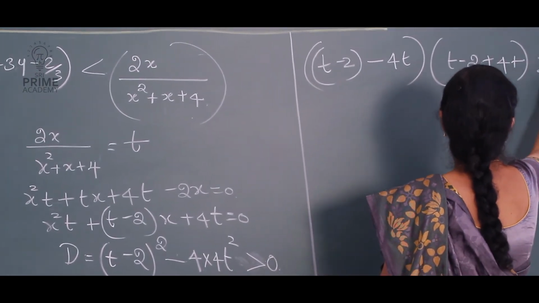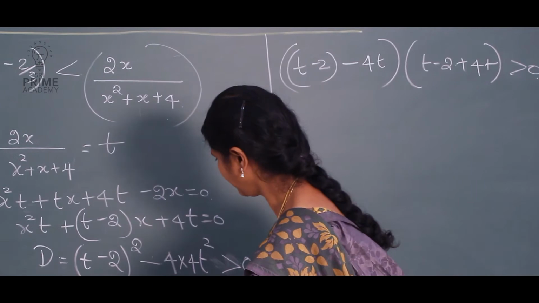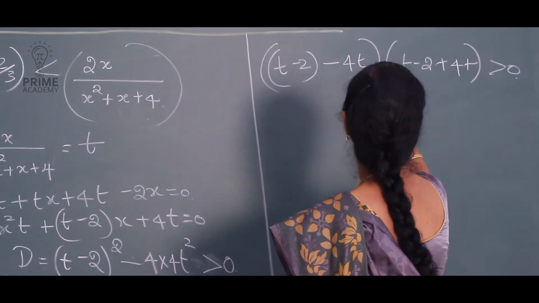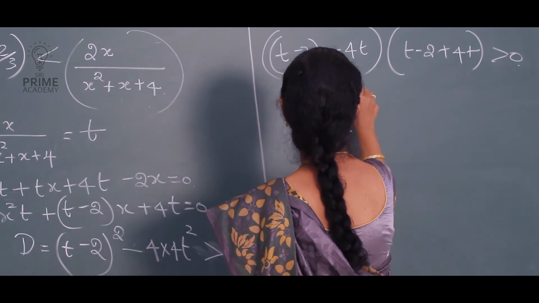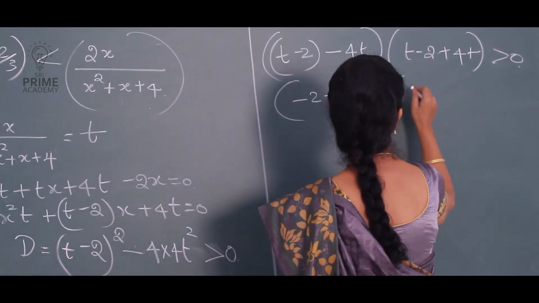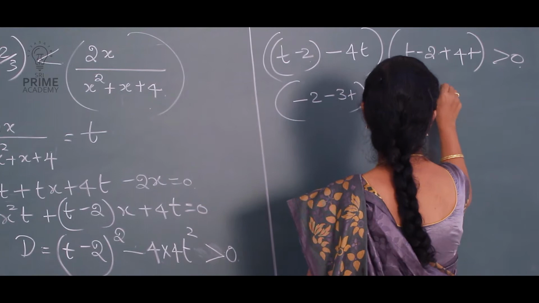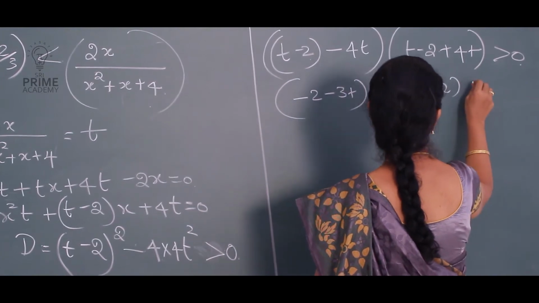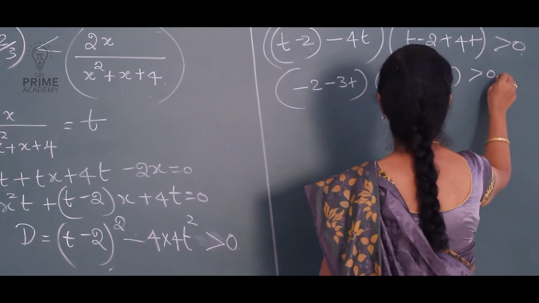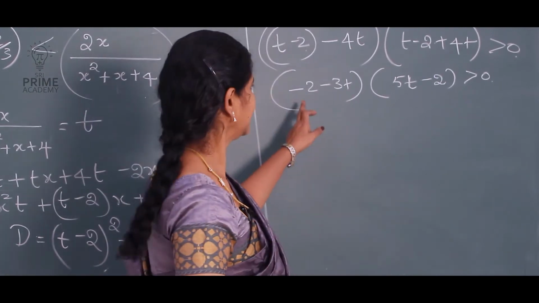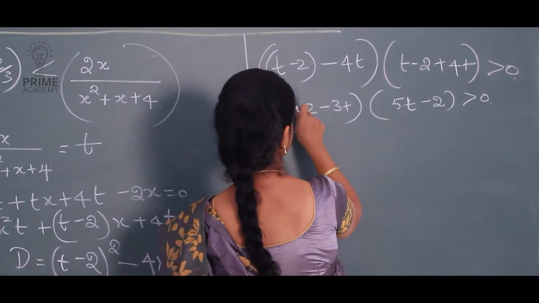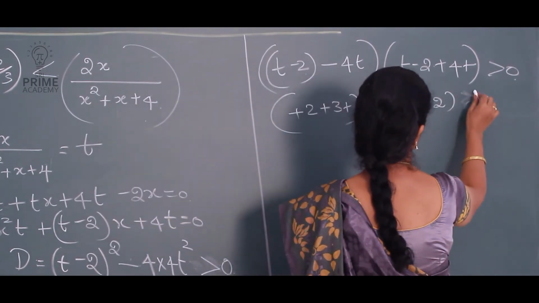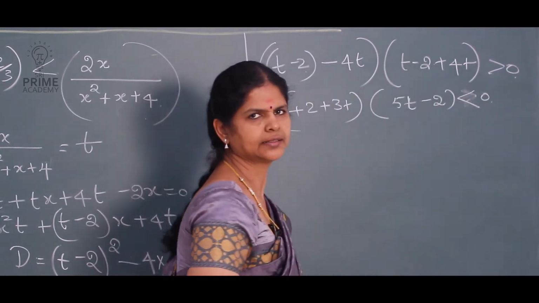I have converted this as a square minus b square, so a minus b, a plus b. So what do you get? (Minus 2 minus 3t) into (5t minus 2) is greater than or equal to 0. Since here I am having a negative sign, you observe the negative sign, so you get the less than symbol in the next step.